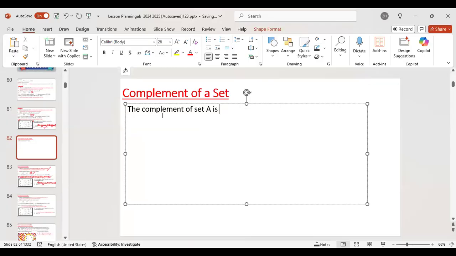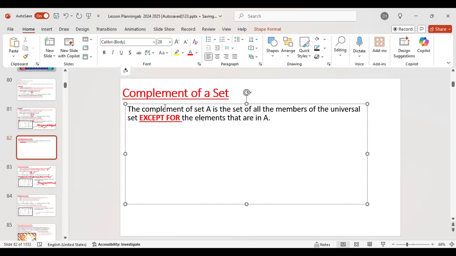is the set of all the members of the universal set. So it consists of all the members of the universal set, except for the elements that are in A. So please put this in capital letters, bold it, underline it, circle it, whatever you have to do.